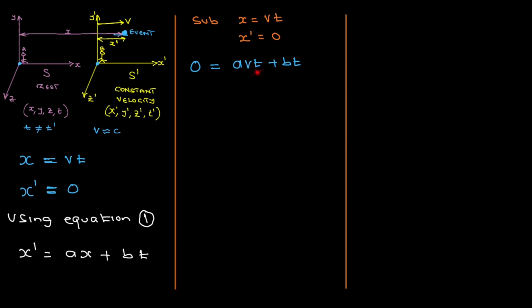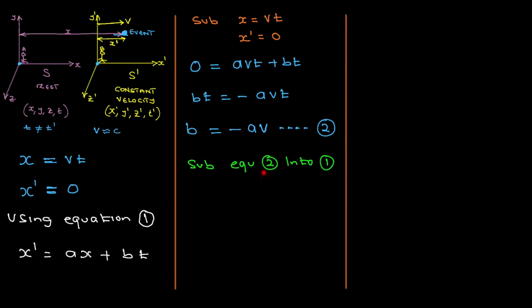The common factor here is t. If we take minus avt to the other side, bt equals minus avt. Since t is common on both sides, we can cancel t out. b equals minus av, which is equation 2.